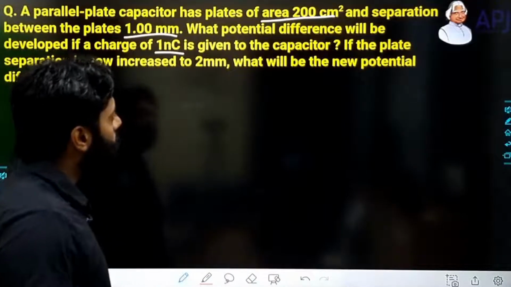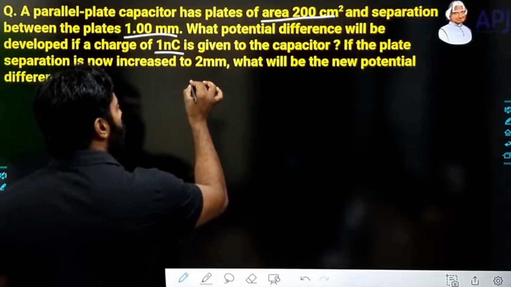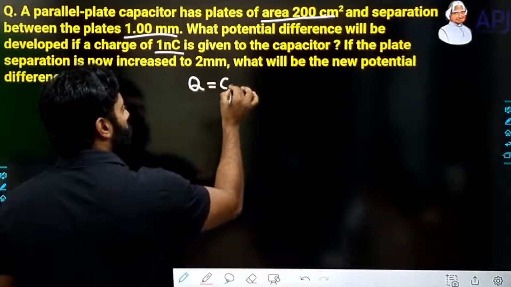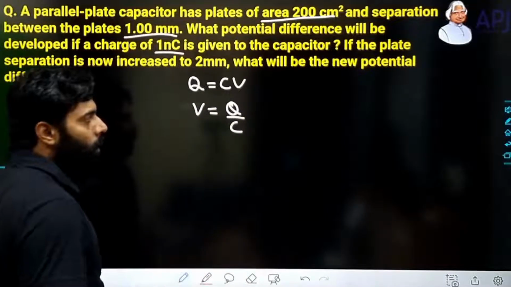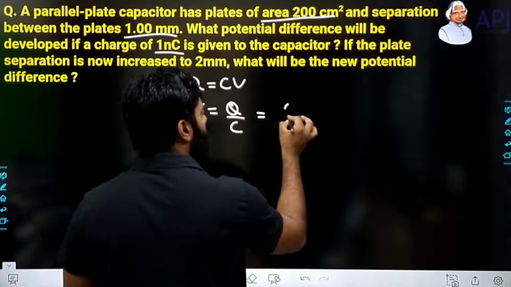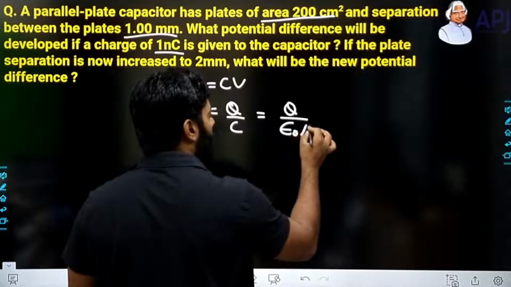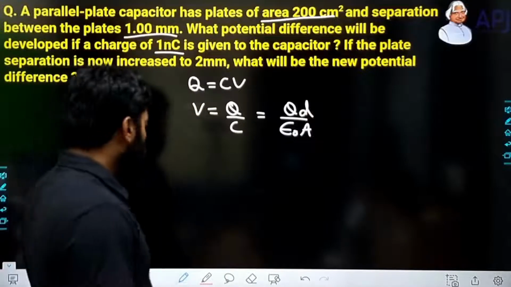So we know that Q is equal to CV, and V is equal to Q by C, and C is equal to epsilon naught A by D. So this is basically what I have to find out.